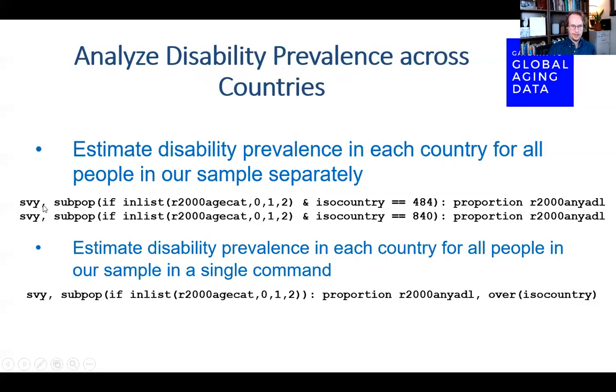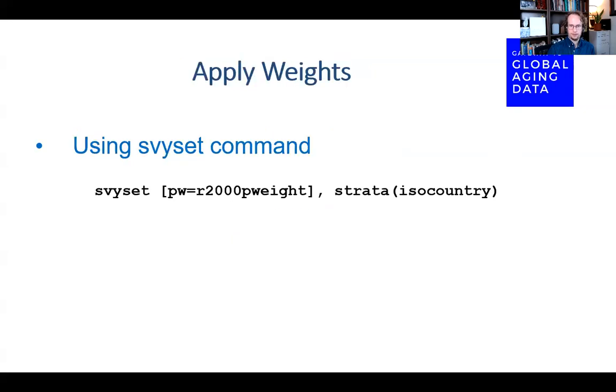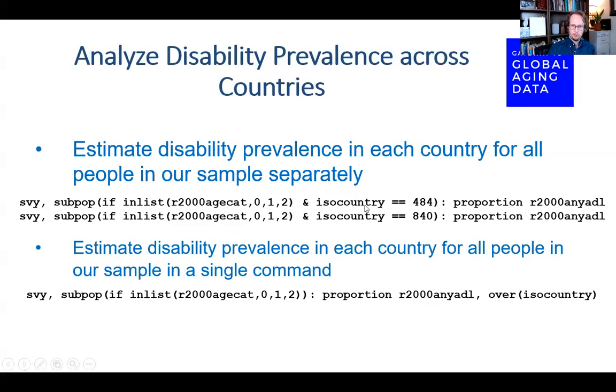We're going to say svy with this optional command here after svy of only considering the subpopulation, who again is age category 0, 1, or 2. So between 55 and 69. Let's see. It was 55 and 69. And who is in Mexico with that first line. We're going to look at the proportion of them who had an ADL difficulty in 2000. And we'll do the same thing for the US.